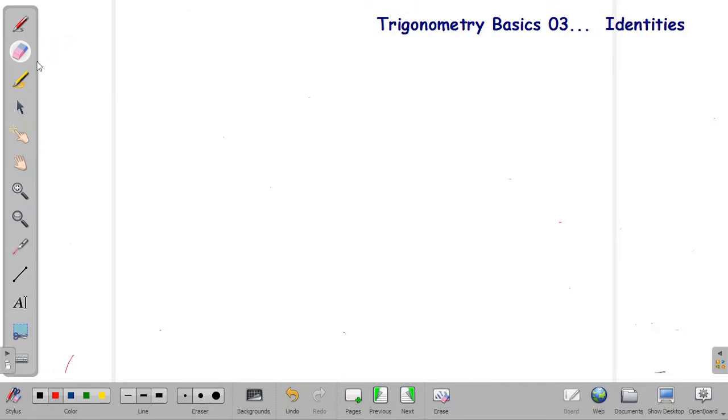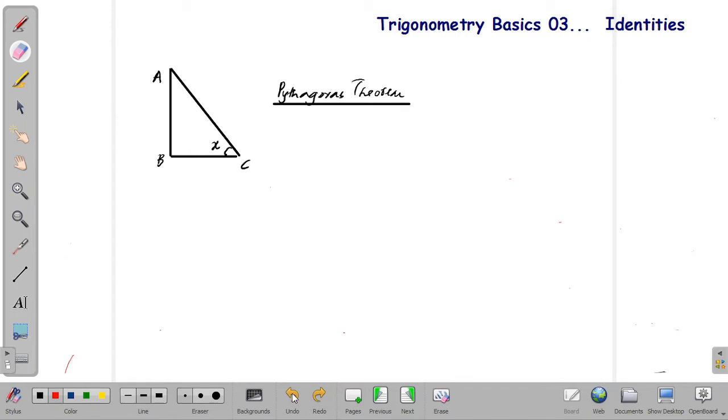in trigonometry based on Pythagoras here. See, we take a triangle ABC, right angle at B, and let angle C be equal to X. What is Pythagoras theorem?